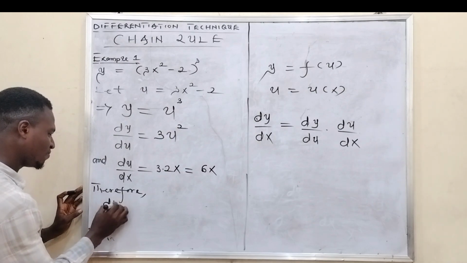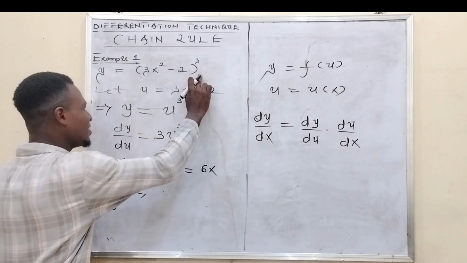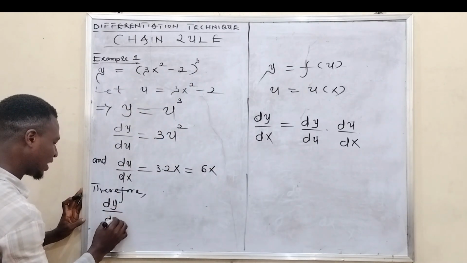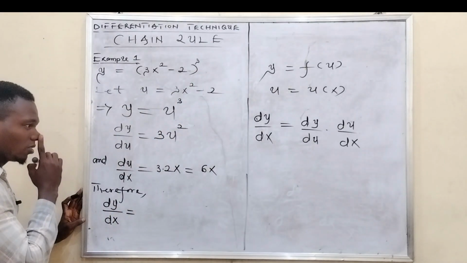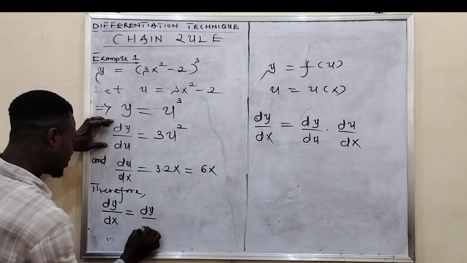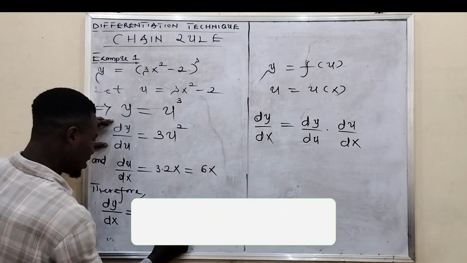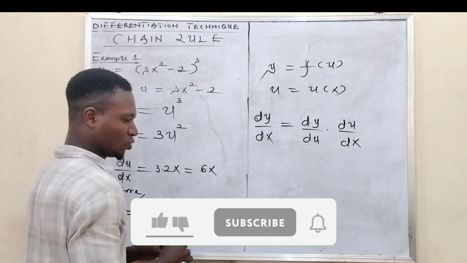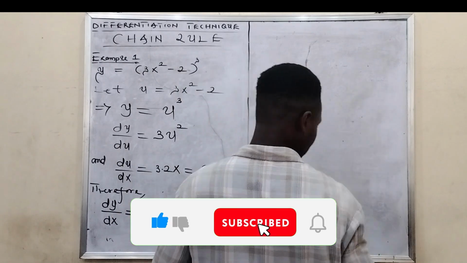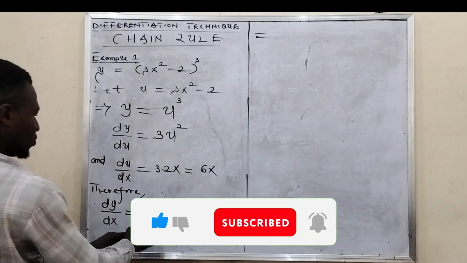Therefore, the derivative of y with respect to x, according to the formula, is dy/du times du/dx.